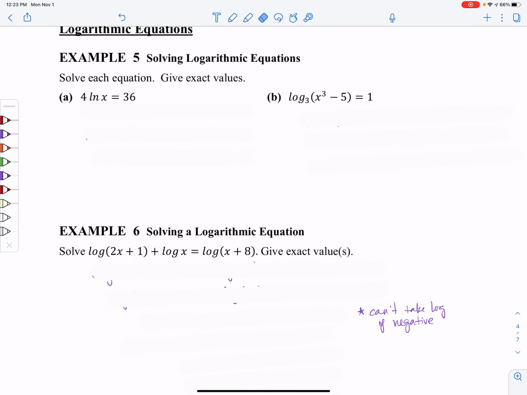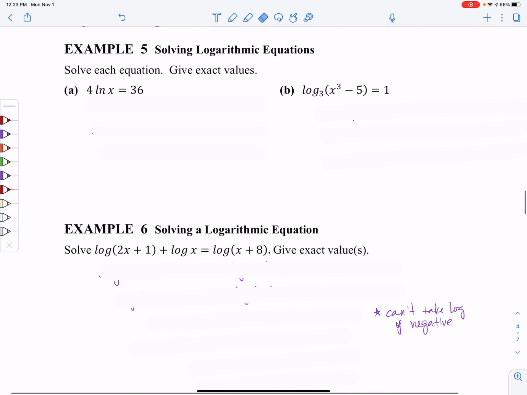Now, one of these examples is a log that is alone, and one of these examples is a log that is not alone. Which one do you think has a log that is alone? And what we're looking at here is this one on this side, this log is alone because it's only a log of whatever it is I'm taking the log of.